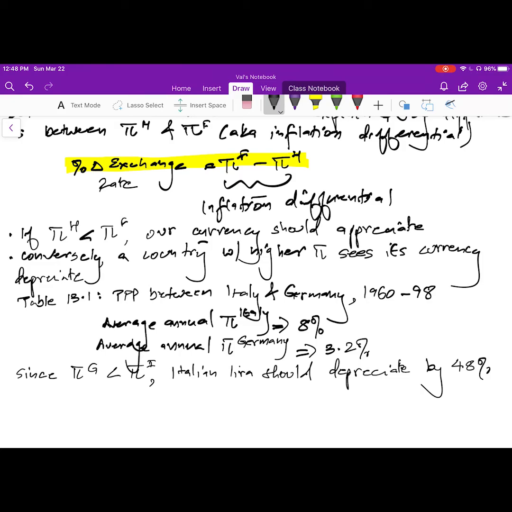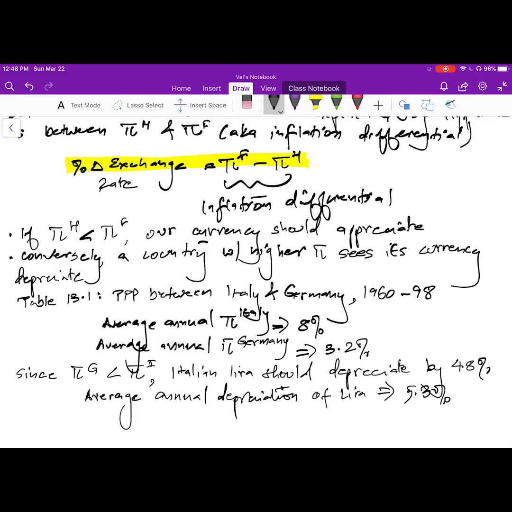But what was the reality? The reality was that the average annual depreciation of the lira was actually 5.3%, which is very close to 4.8%, but not precisely 4.8%.